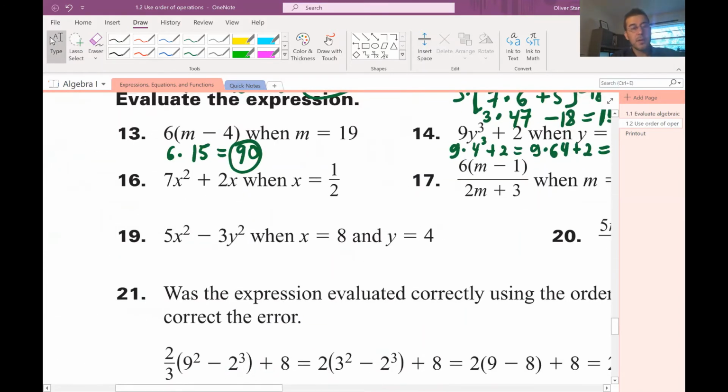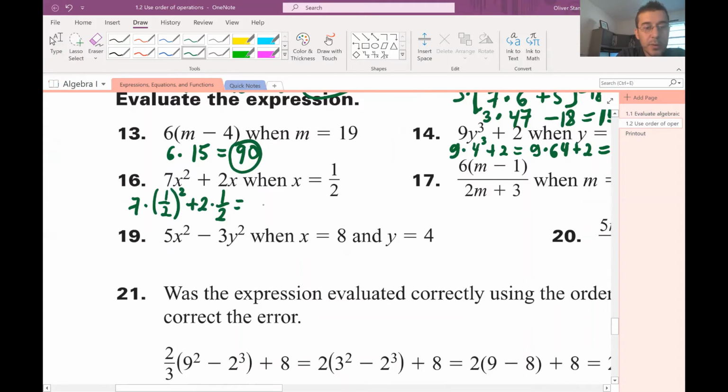16. We're going to do the powers first, right? x squared. So let's do the substitution first. We're substituting 1/2 for x. So x is 1/2, so 7 times 1/2 squared plus 2 times 1/2.